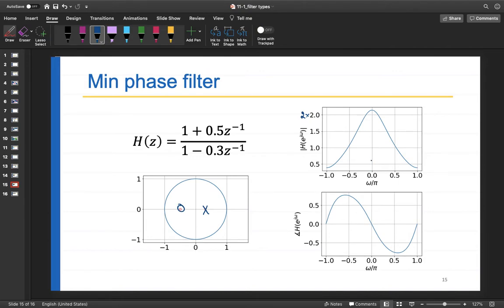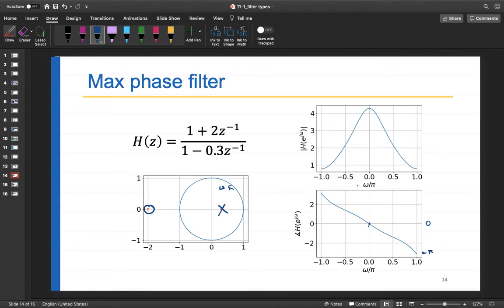But what has changed is the phase response. When I was here, the angle was something, and when I reached here, the angle was something. So it was 0 here, and when it reached here, it again became 0. So what do we see? The phase variation is minimum. If you see the previous figure, the phase was varying between 0 to minus pi.